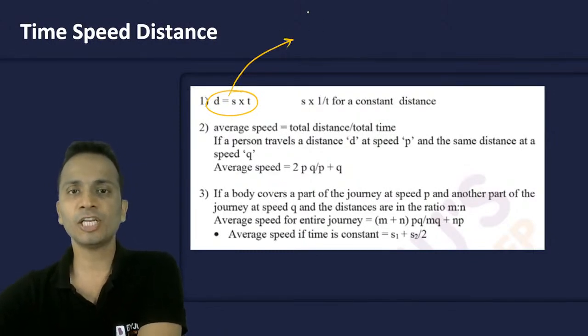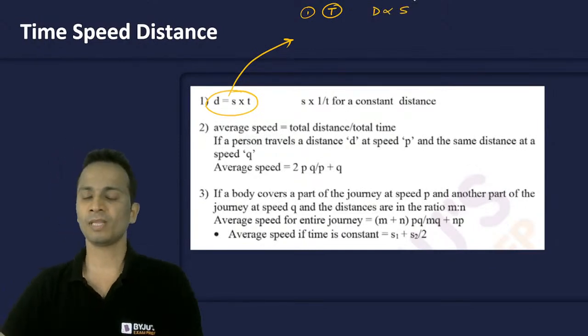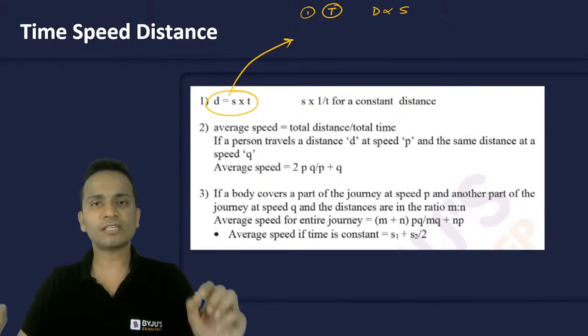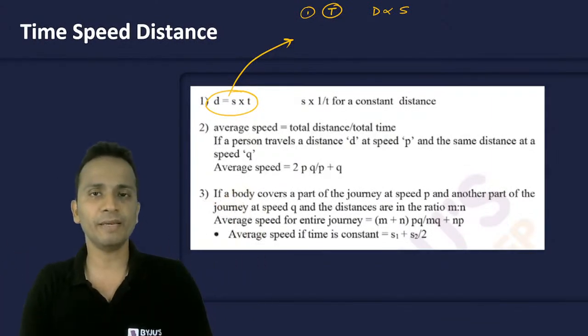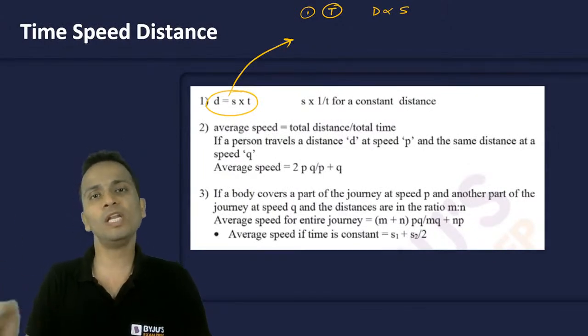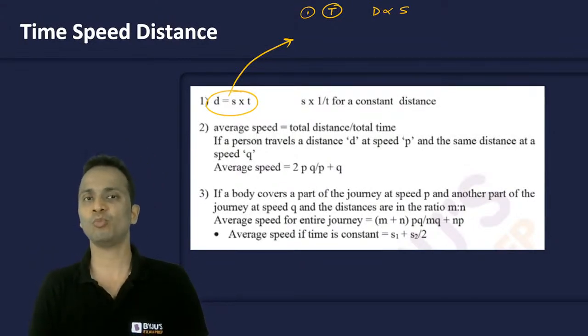Relation number 1, if time is constant, then distance is directly proportional to speed. I mean to say that if 2 objects travel for equal amount of time, then the ratio of their speeds will be equal to the ratio of the distances traveled by these 2 bodies.